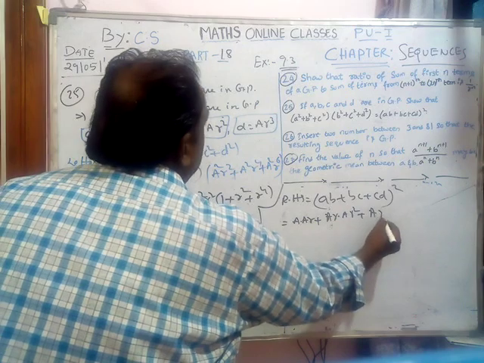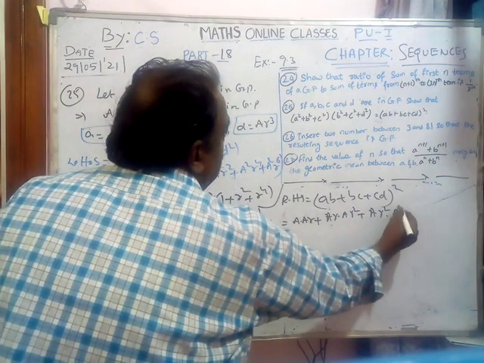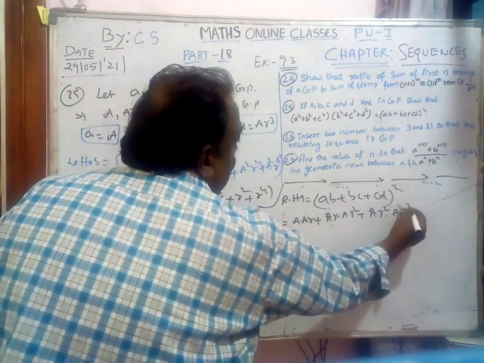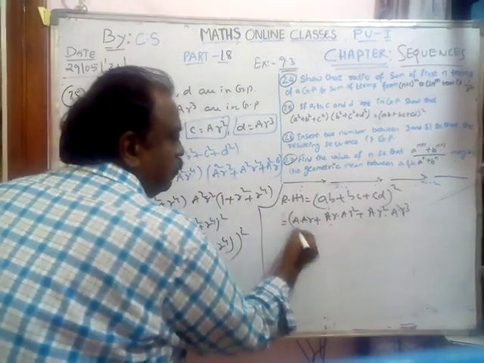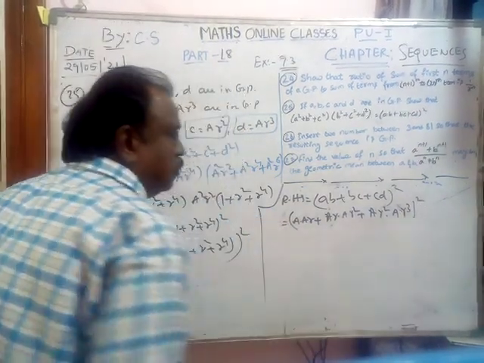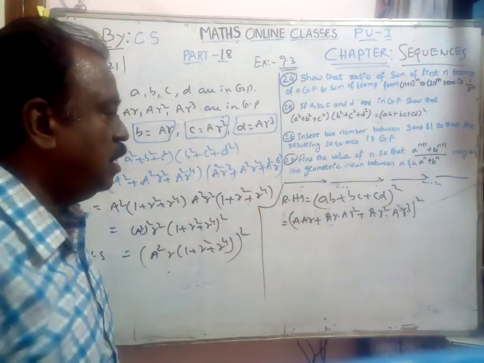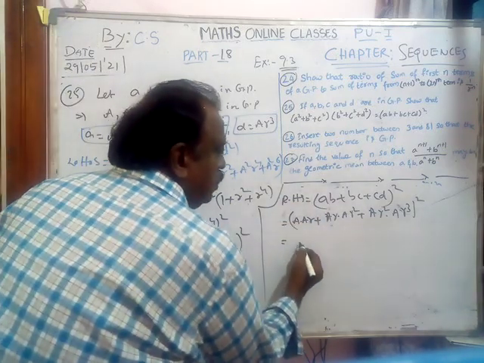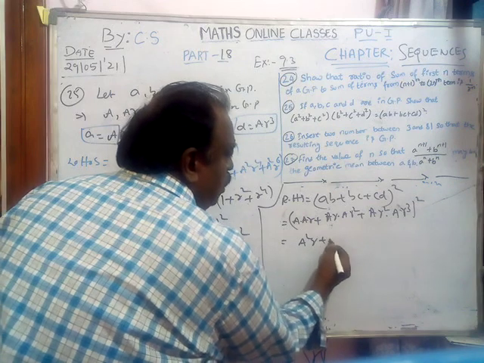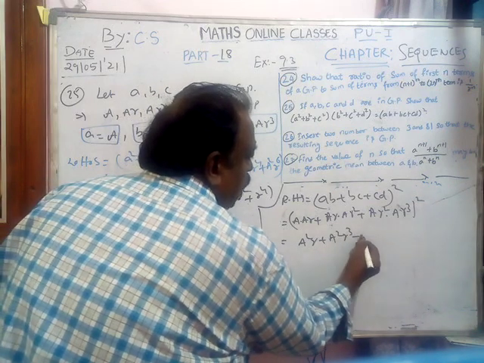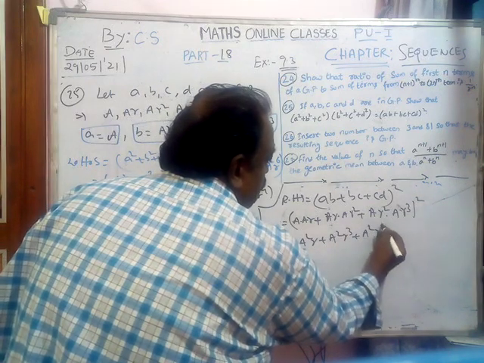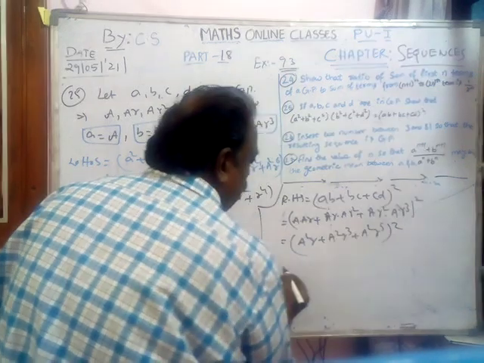C is A R square. D is A R cube. You see, A B, B C, C D, like that I wrote it. It is A square R, A square R cube, A square R power 5, whole square.